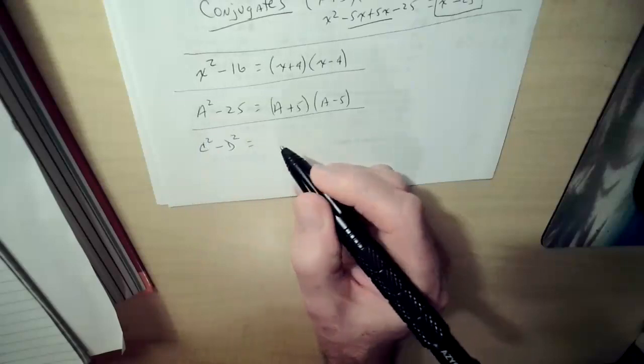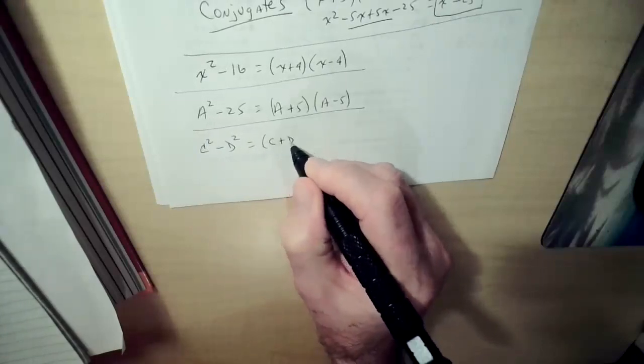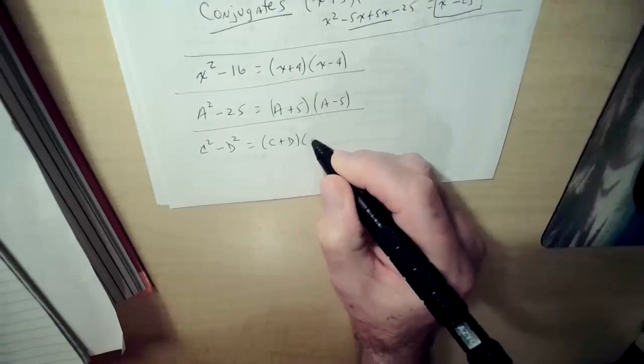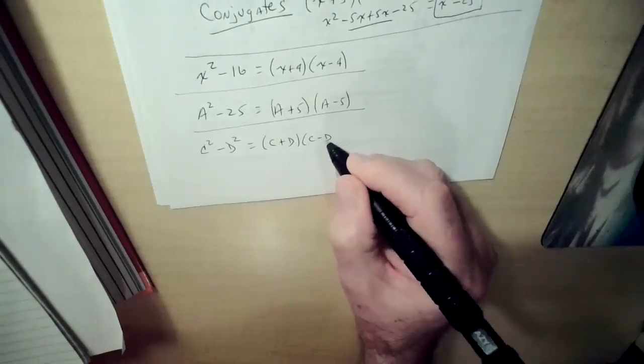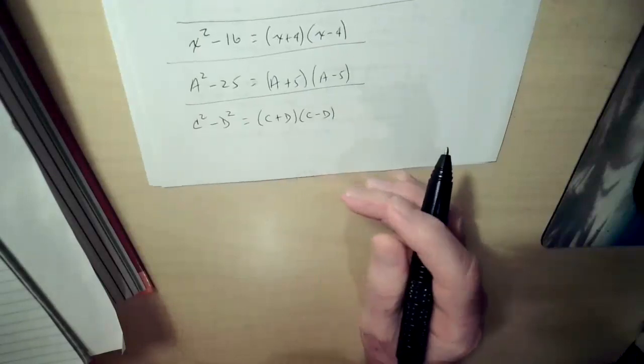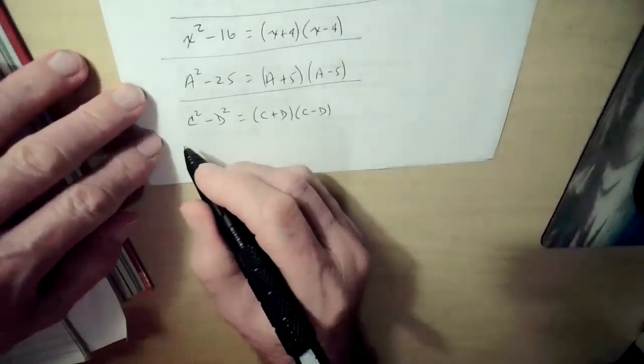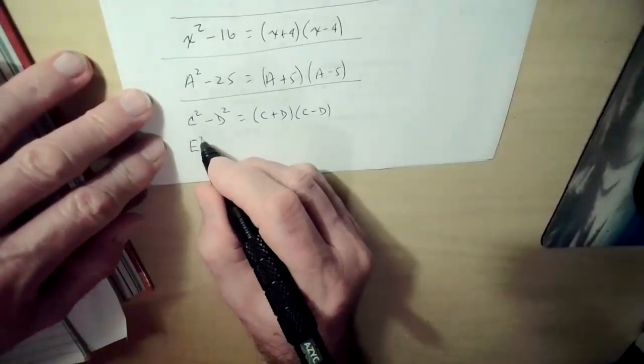And what if you have this? c squared minus d squared. Are these perfect squares? Yes. It's going to be c plus d times c minus d. Right.